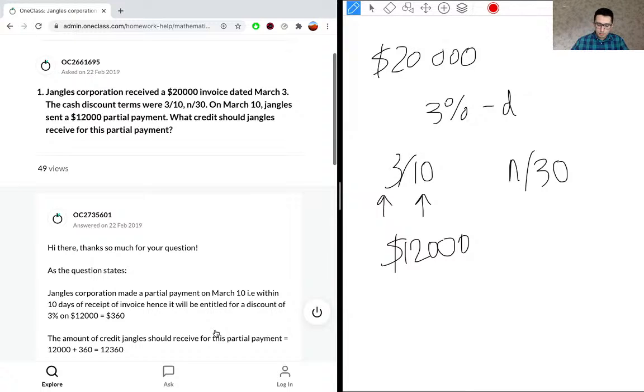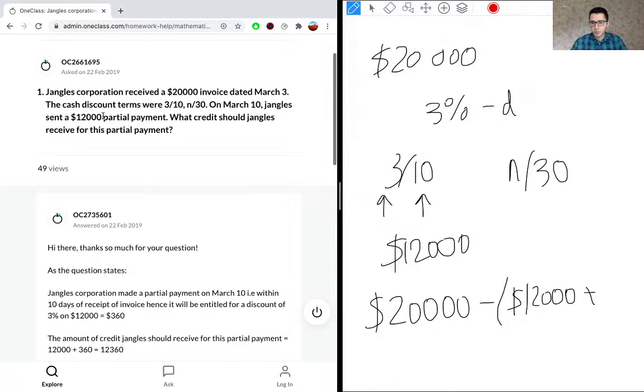So because the difference between March 3rd and March 10th is less than 10 days, they would get that 3% discount, which we would have to add on to the 12,000 payment. So essentially what we have to do is take the total payment that is required, which is 20,000, and subtract the 12,000 payment plus the 3% discount on the 12,000.